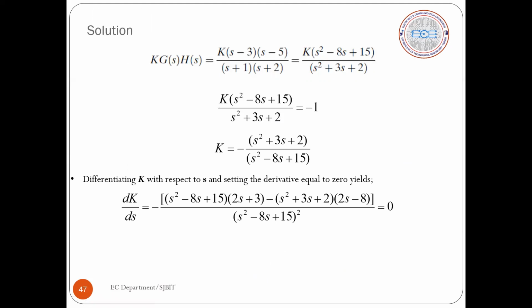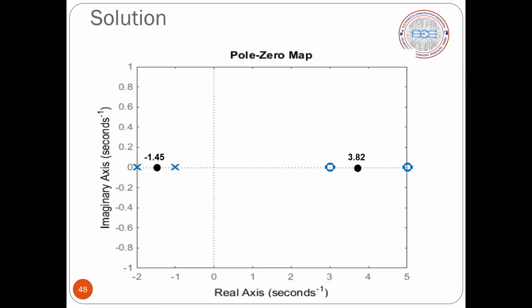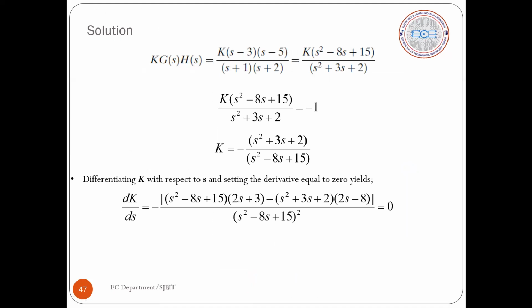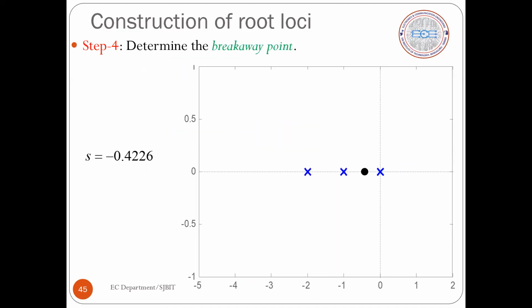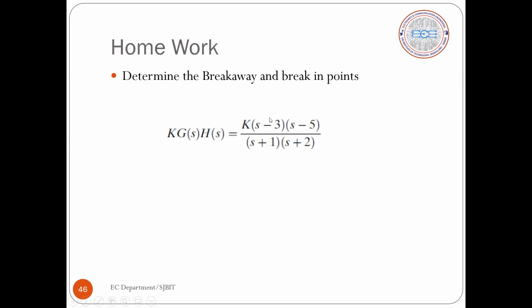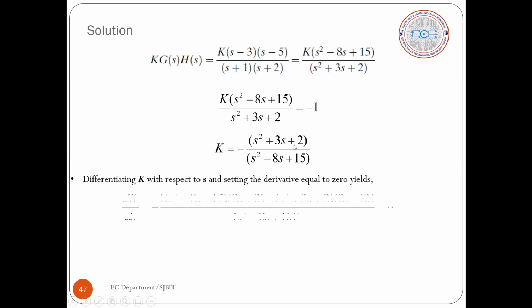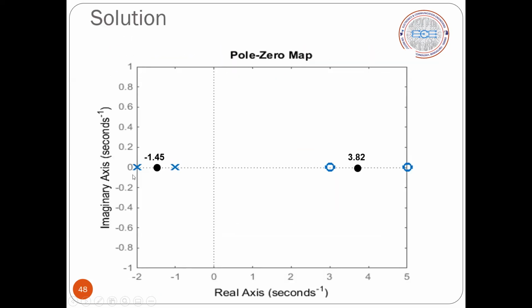Now what I have to do is validate the actual, valid or invalid points. According to the pole zero map, we have 2 poles and 2 zeros. Just refer to the equation g of s, h of s. We have identified 2 poles and 2 zeros.